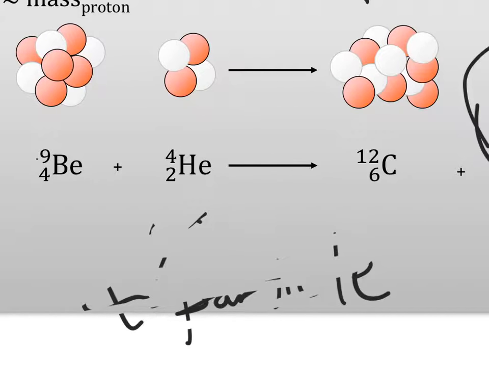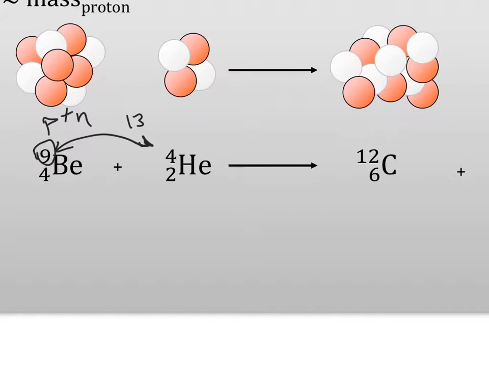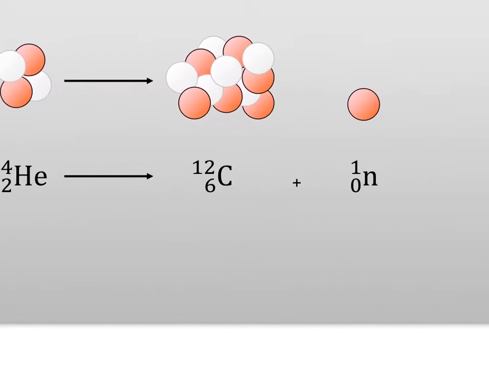The number 9 here represents the mass number. That's the total number of protons plus neutrons. And if we add them up together, 9 and 4, you get 13. If we look at the right side of the equation, we have 12 plus 1 is 13. So the total number of protons and neutrons in this nuclear reaction has stayed the same.